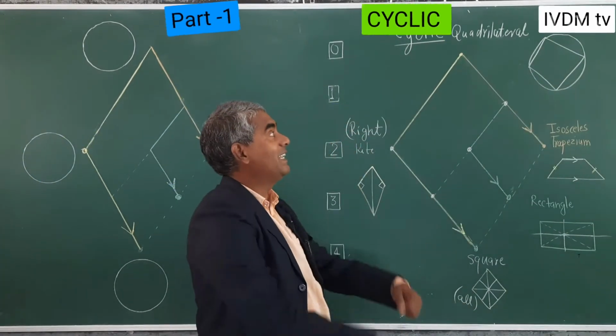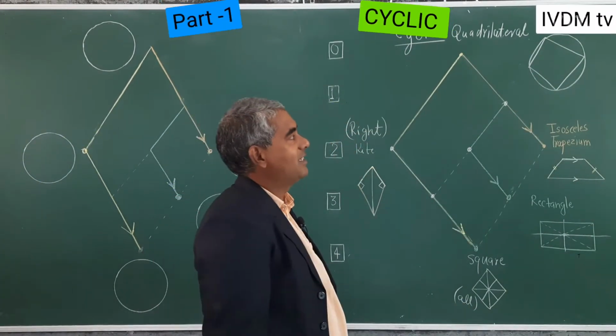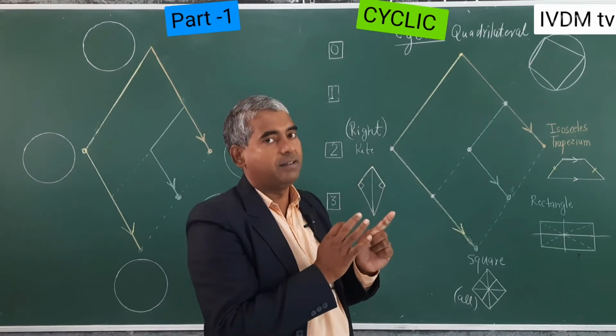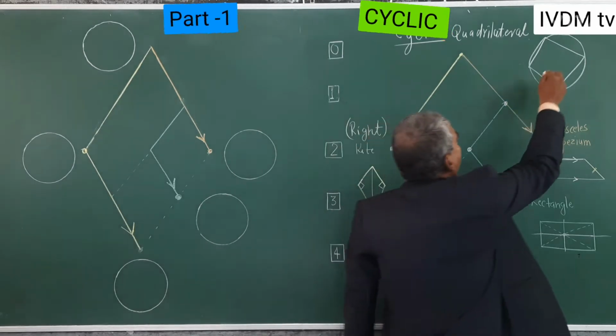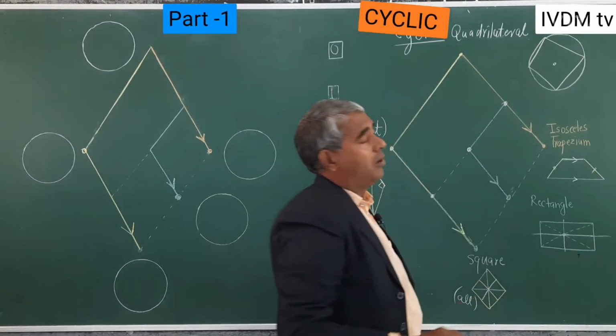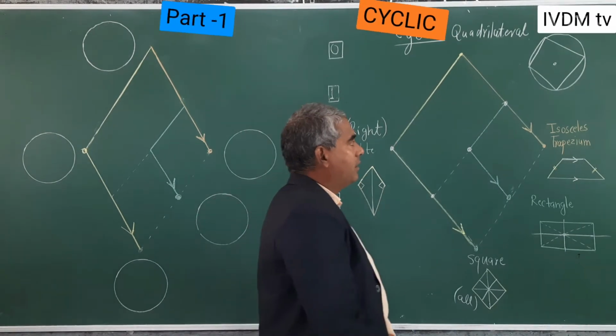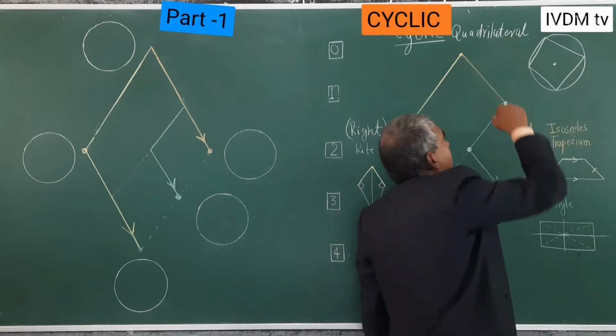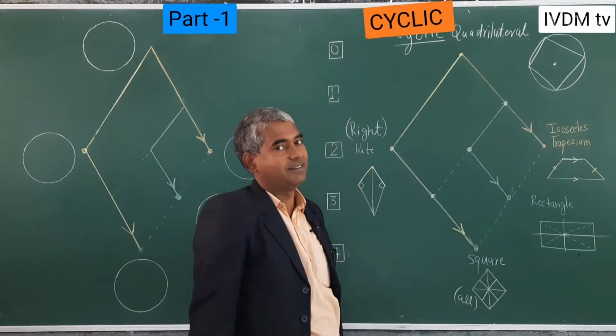That is called cyclic. Just like in a tire, the spokes are there, similarly here. That is called a cyclic quadrilateral. Or you may say the circle is outside, and the cyclic quadrilateral is inscribed.